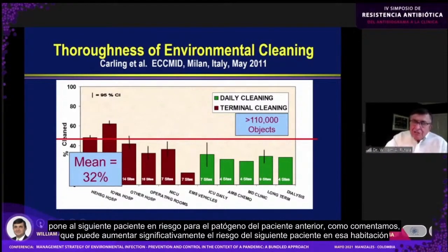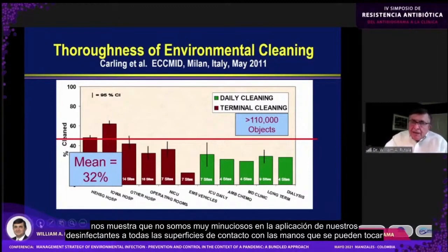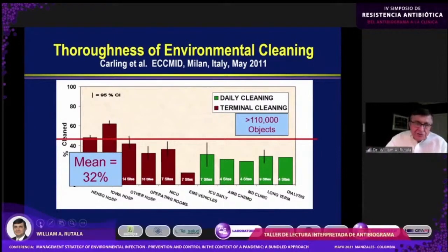As we discussed, that can significantly increase the risk to the next patient of that room when that room was inhabited by a patient that was colonized or infected with an epidemiologically important pathogen such as C. difficile. So this data shows us that we are not very thorough in the application of our disinfectants to all touchable hand contact surfaces.